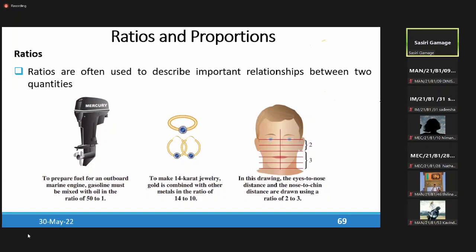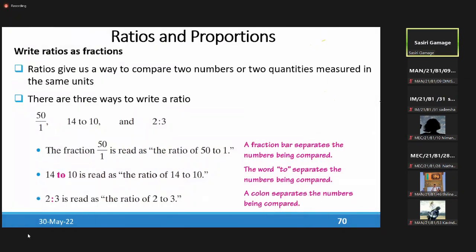The ratio we use to indicate the relationship between two quantities. Write ratios as fractions.